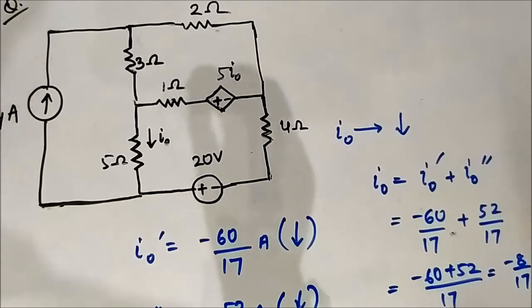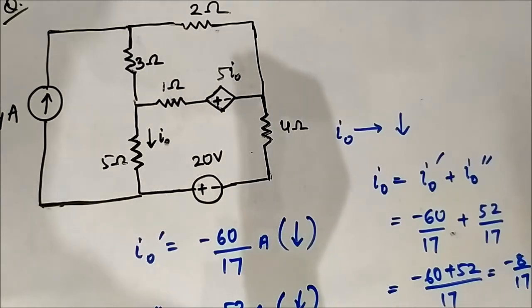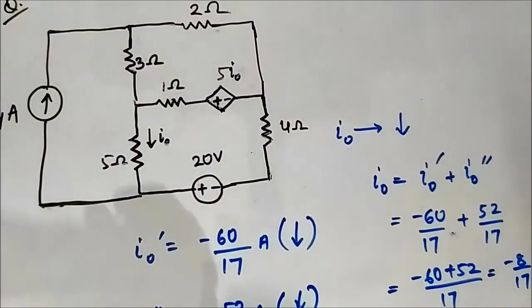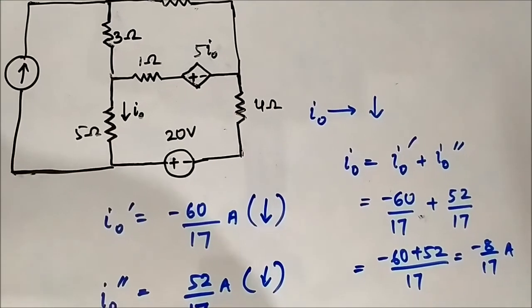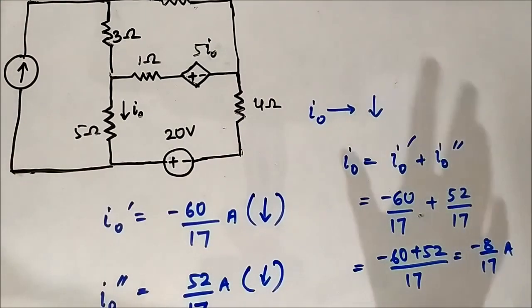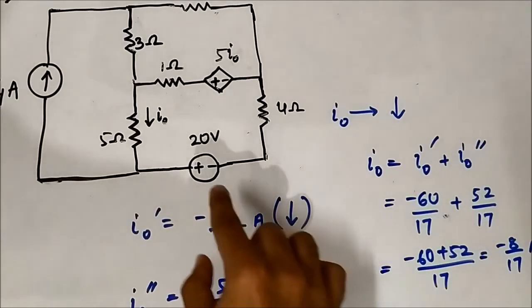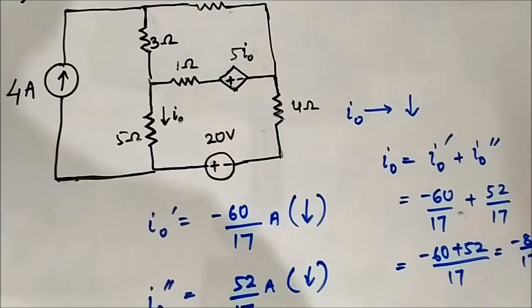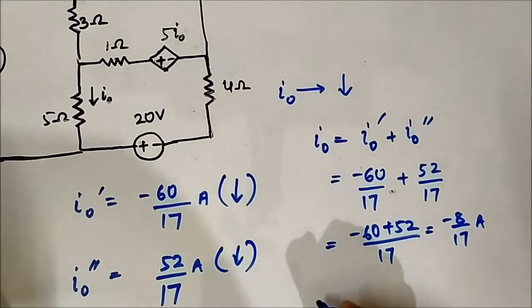You solve each of these equations carefully and then find out the end objective, to determine this current for each of the cases, and then finally we have to add them together as per the superposition theorem. The final response is the sum of the individual responses by considering each of the independent sources separately, one at a time. So this is our final answer, minus 8 by 17 ampere, I0.